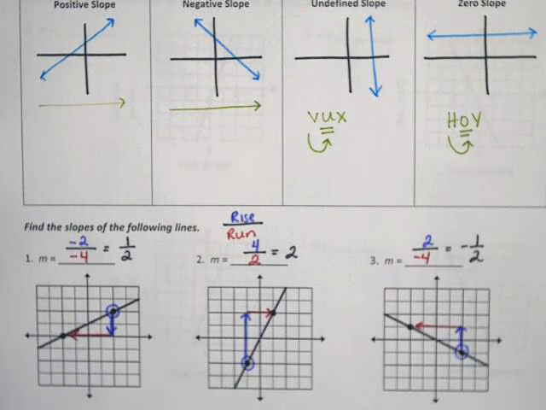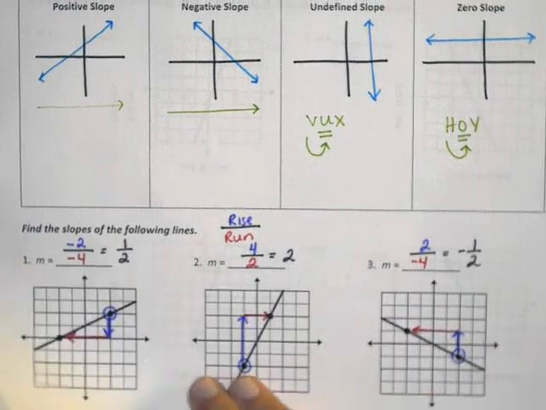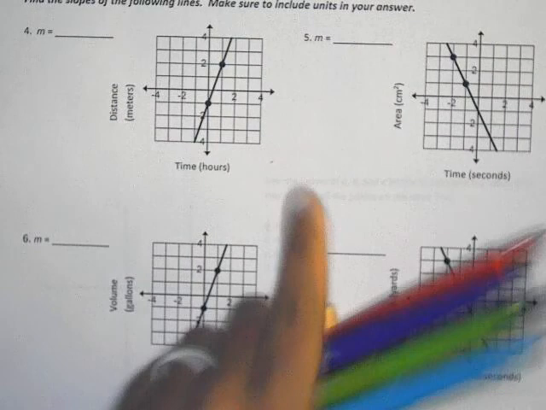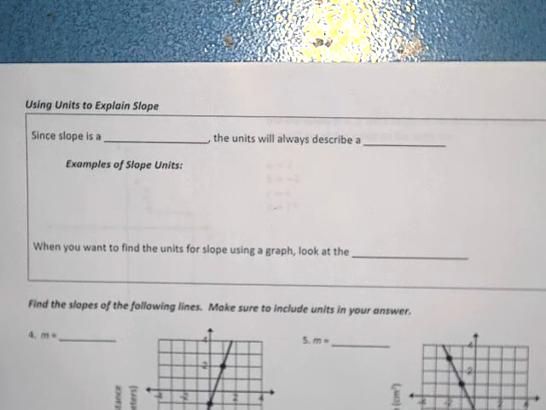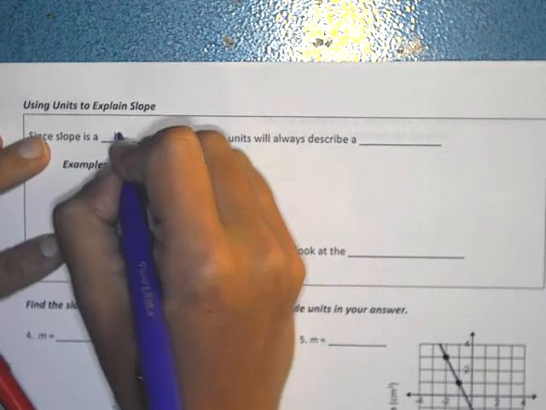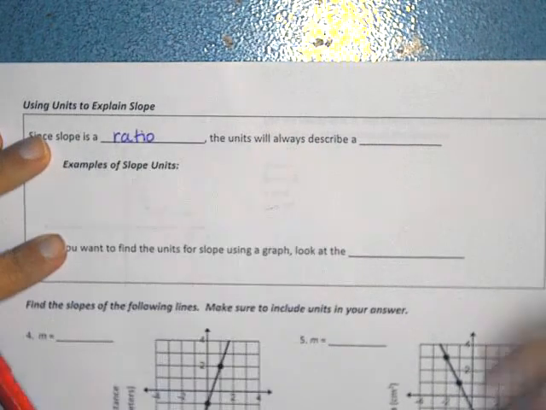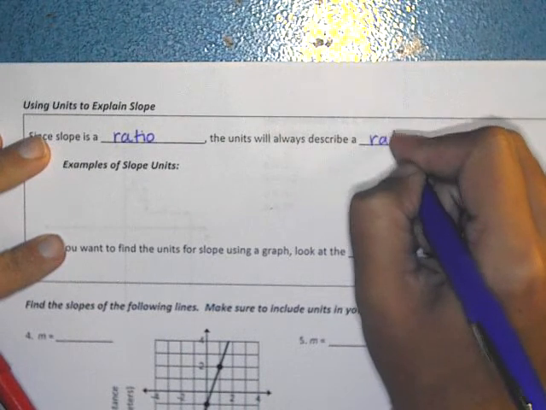All right, now this is sort of how you get slope from a graph, but there's more to the story. So slope can actually help us describe things in the real world, and to do that, we use units with our slopes. So since slope is a ratio, the units will always describe what's called a rate.